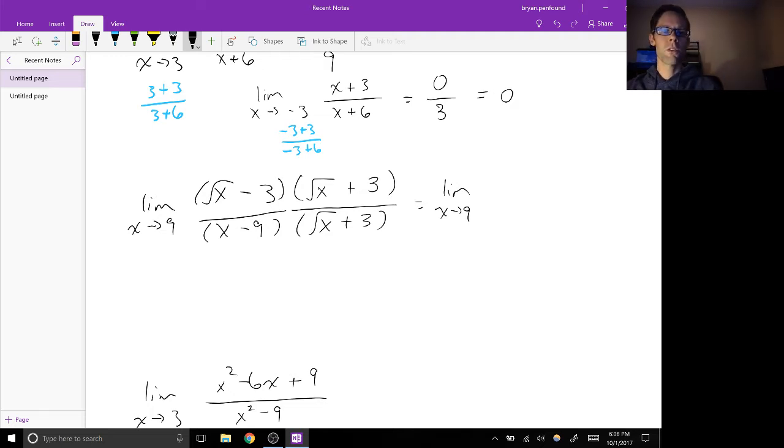Let's work through the numerator. The numerator is conjugate pairs, so one of them has a subtraction sign and one has a plus sign. I'm going to end up with root x squared subtract 3 squared, a difference of squares in the numerator. If you need to expand out and get all 4 of your terms, you're going to notice that the 2 middle terms disappear.